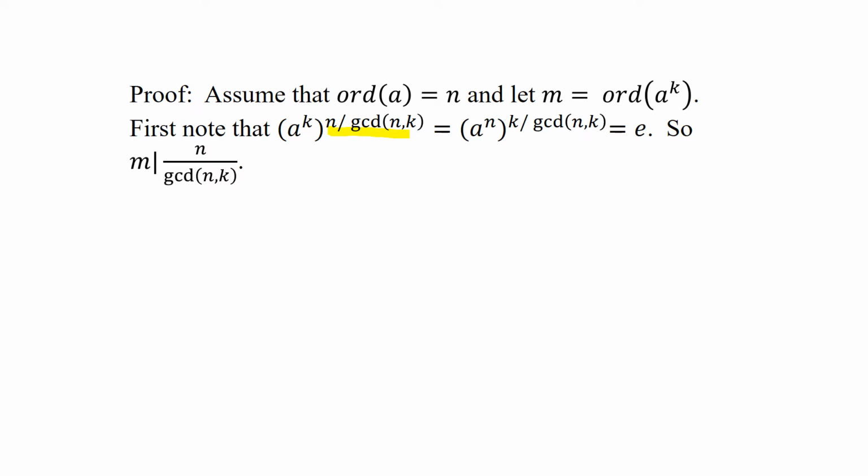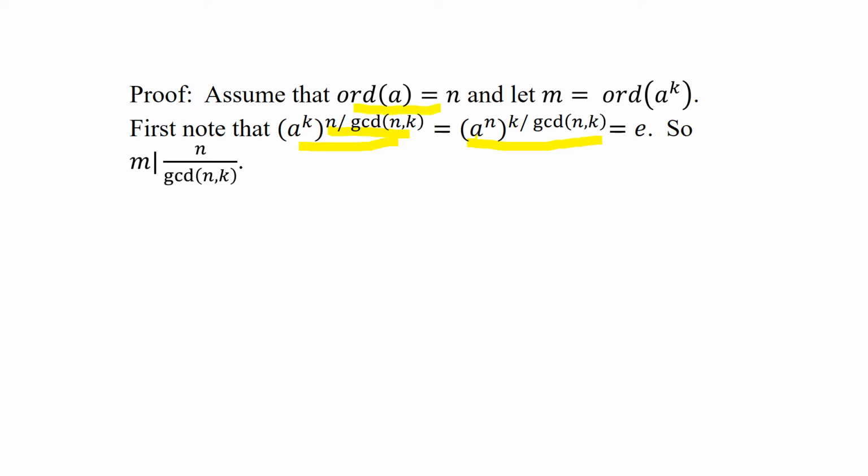So let's verify. Using my laws of exponents, I can rewrite this expression by exchanging the roles of n and k, just using my properties of exponents. a to the n, on the other hand, because the order of a was n, is e, and e to any power is e.